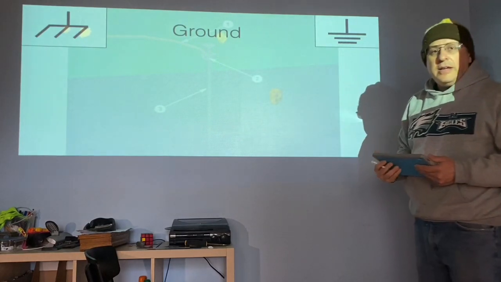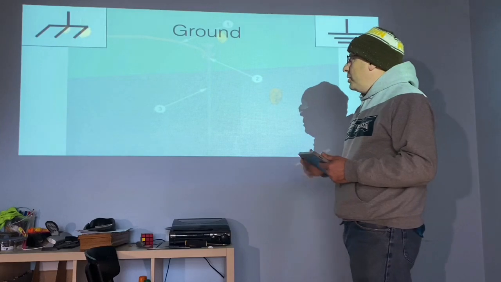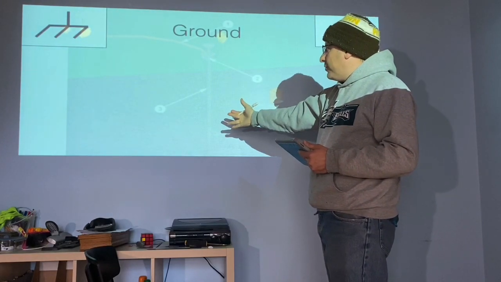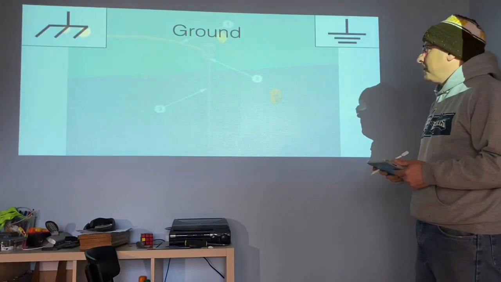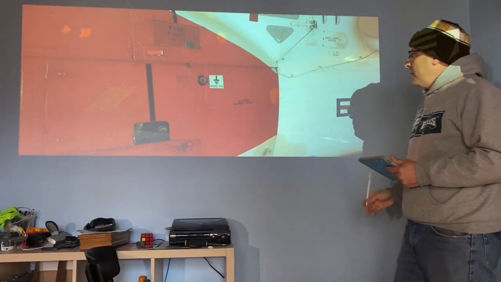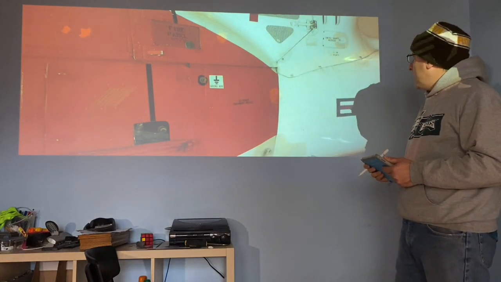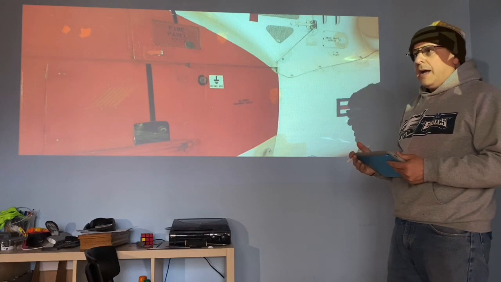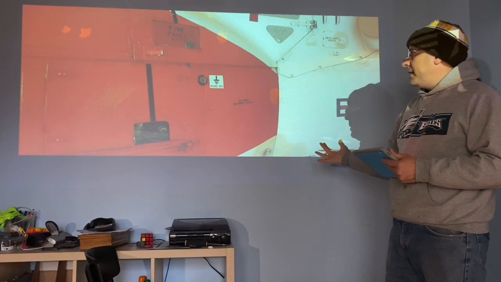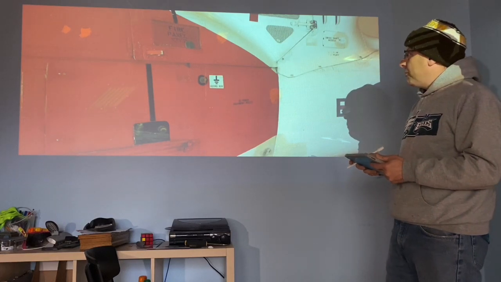It doesn't have any other type of label, and its purpose is to shunt off extra electrons into the earth should the need arise. Here is the ground spot on a helicopter, and again in your car, oftentimes the negative terminal will be grounded to the body of your car. Again, we'll talk more about grounds later.